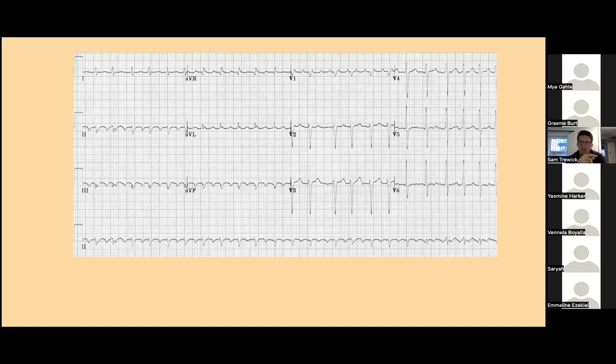Is there a QRS after every P wave? Well, not after every P wave, no. So it looks like atrial tachy.